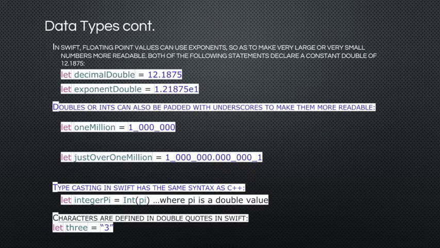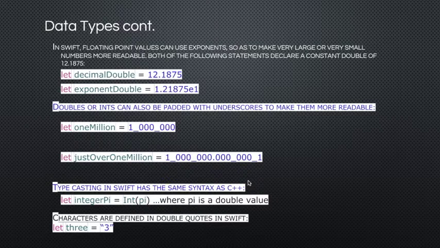Floating point values have some extra functionality as compared to other languages. You can actually use scientific notation to represent floating point values, which is kind of cool. Also, to make it more readable, you can pad large numbers with underscores, as you can see here.